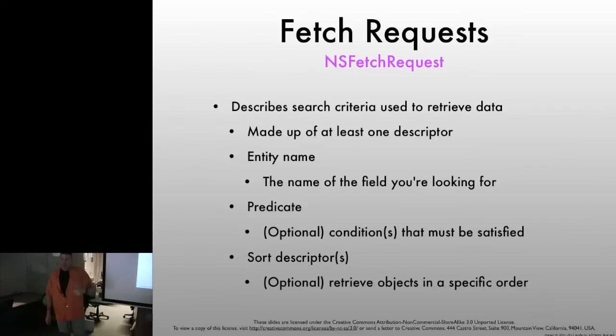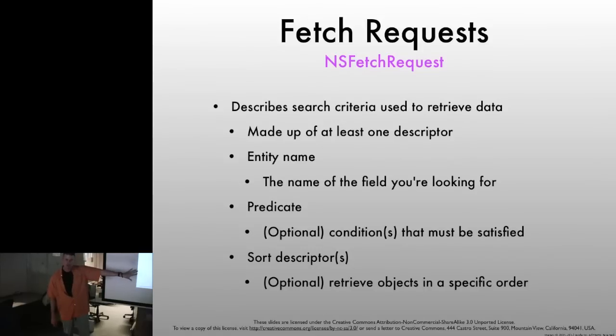It needs to have a name for the description that you're looking for, and then it can also have predicates as well. I'll show you some examples of the modeler, which is just amazing. Actually, let me save that, because the next slide has an example of what a fetch request looks like and how it works.